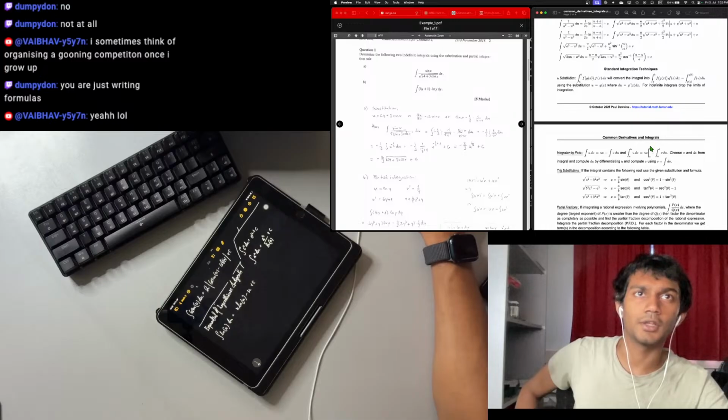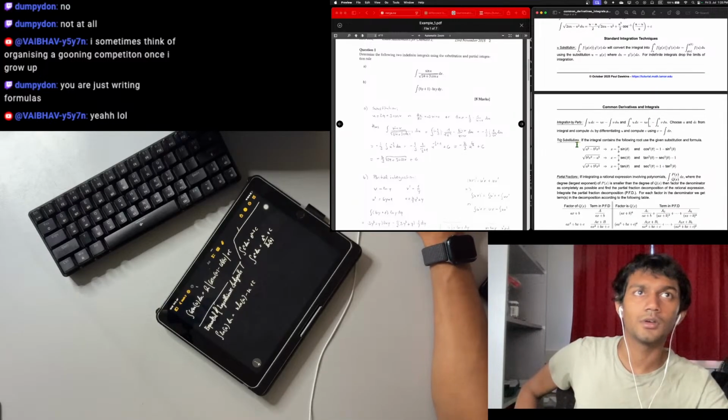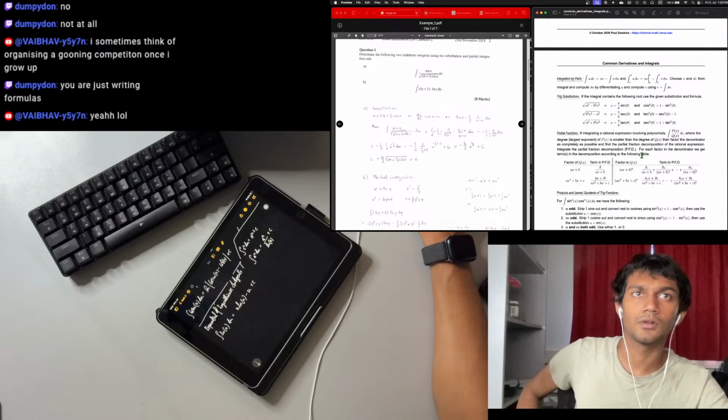Common derivatives and integrals. Integration by parts. There we go, I needed this. Trigonometric substitutions. Root of a square minus b square x square. Partial fraction. There we go.